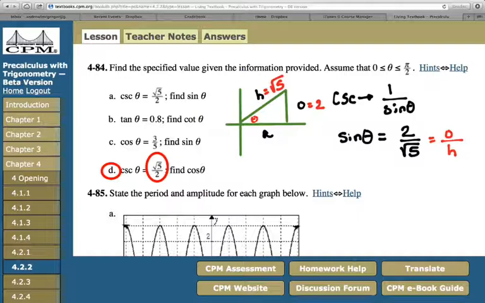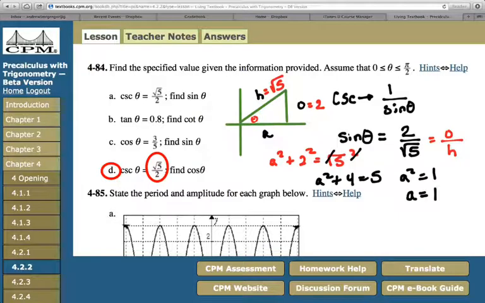Now we need to find our missing side. Pythagorean theorem again: a squared plus 2 squared equals rad 5 squared. Nice thing about this, the radical and the square cancel. So you're left with a squared plus 4 equals 5. A squared equals 1, so a is equal to 1. So now we can find our adjacent side as being 1.